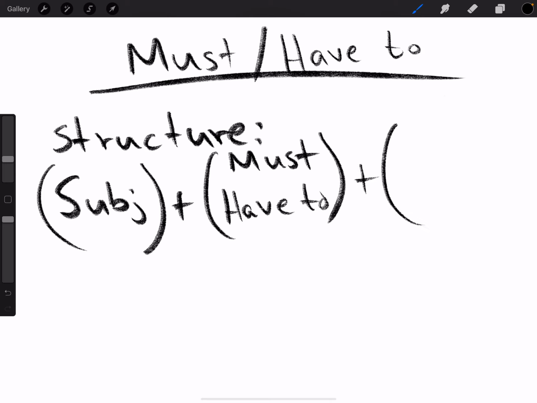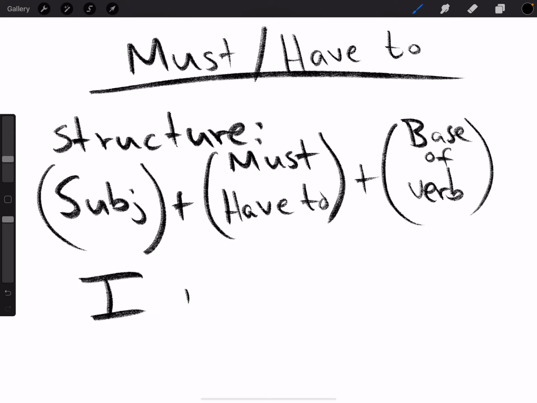And then the base form of the verb of what you have to do. Okay. So an example can be something like, I must eat healthy food.